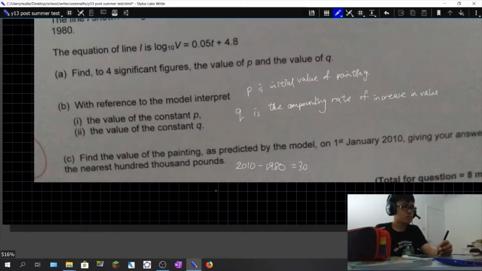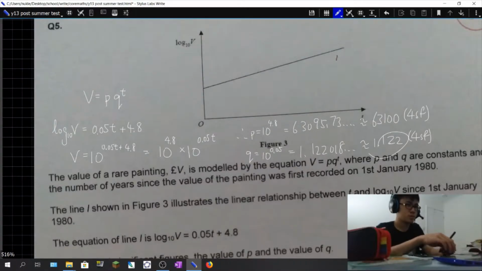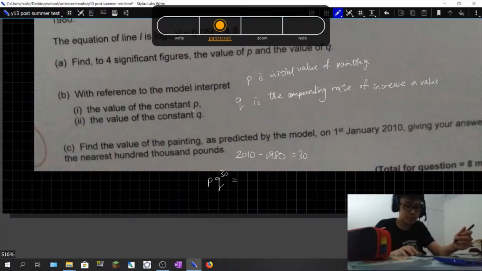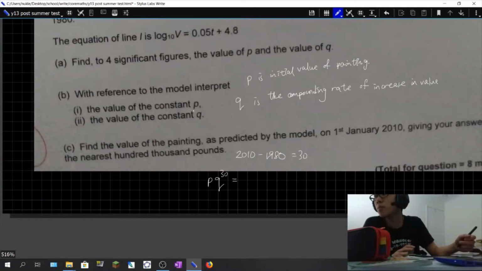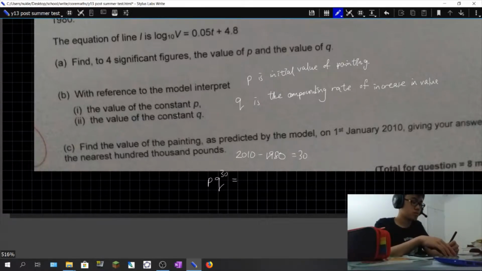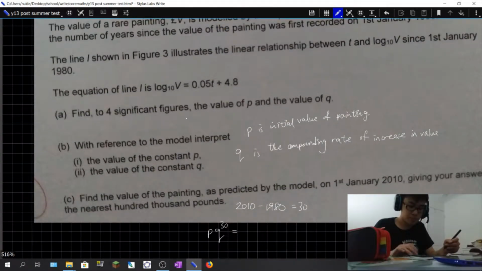Okay. That means we have p times q to the 30, which using the values that you got for p, just use these. You can do 63110, or you could do the absolute value, like the exact value. Okay, 10 to the 4.8 times 10 to the 0.05 times 30.